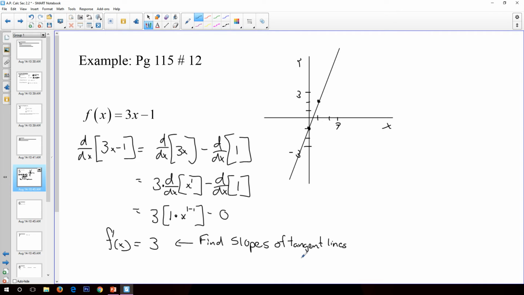Now this line does not change in slope. So at any point, the slope of the tangent line is going to be 3, because the slope never changes. It's always 3. So that's literally what this first derivative is telling us: the slope of any tangent line, or the slope of the function, is always 3, which makes sense because we have a linear equation.